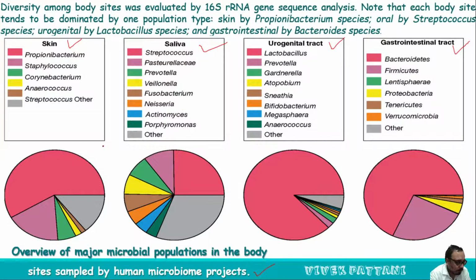This diversity was evaluated using 16S rRNA gene sequence analysis. The skin was basically populated with Propionibacterium species, urogenital by Lactobacillus species, gastrointestinal by Bacteroides species, and saliva by Streptococcus species.